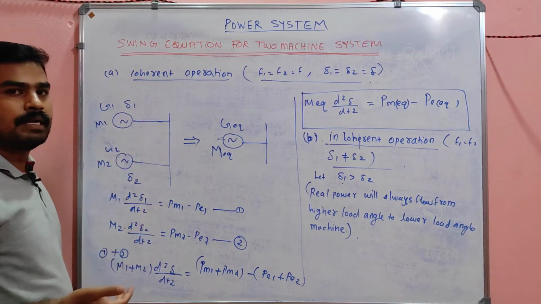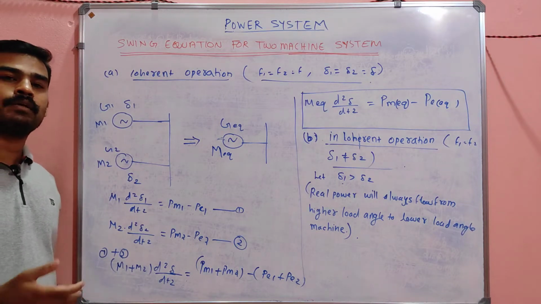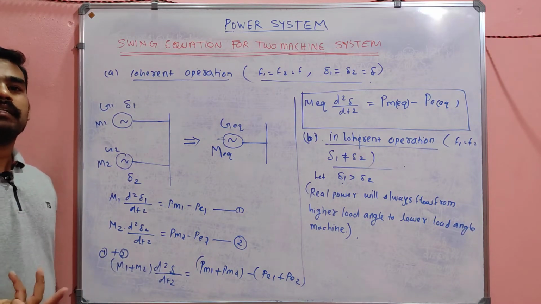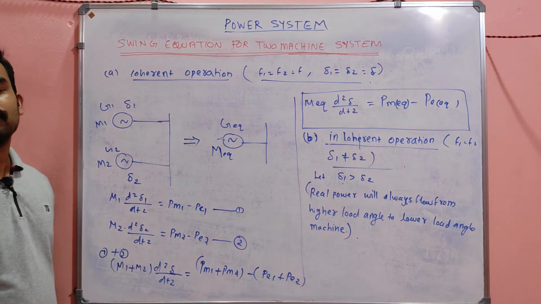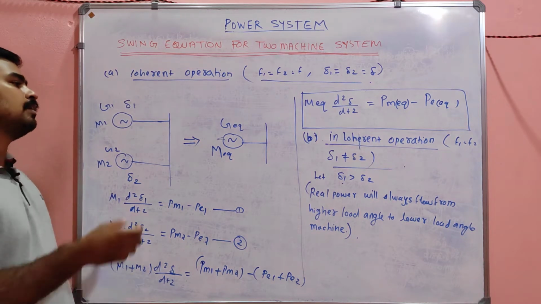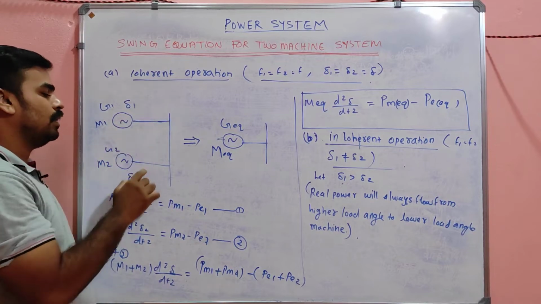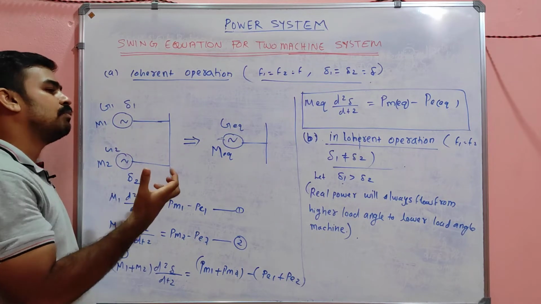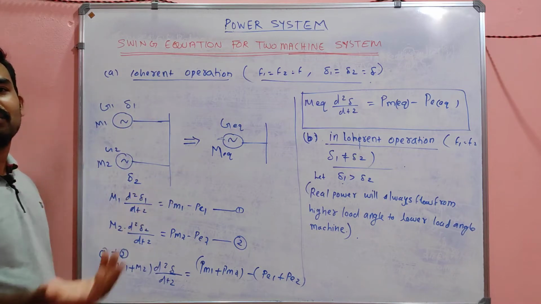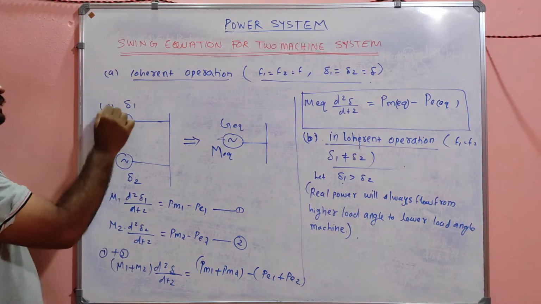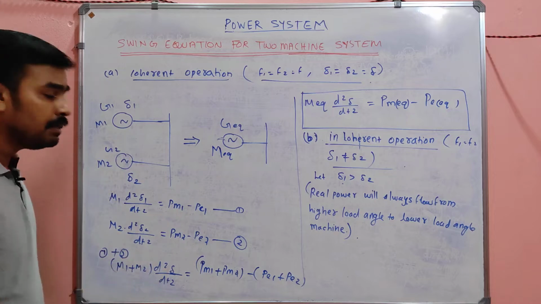If you increase the speed, according to the EMF equation, what happened? The induced EMF will increase, right? The voltage will increase. So the real power flow will be higher for this and lower for this one. Power always has a tendency to flow from higher to lower. So what happened? Generator 1 will be delivering power.